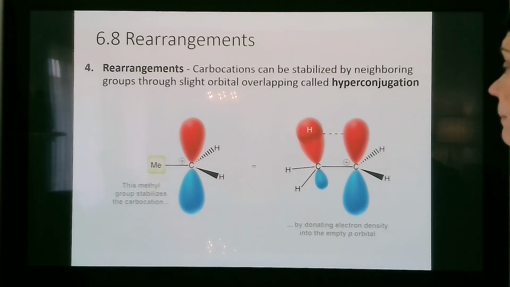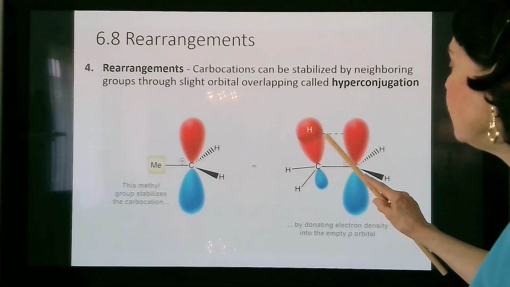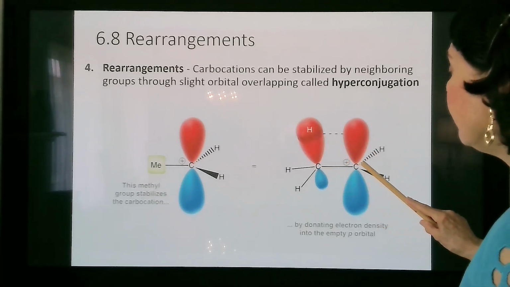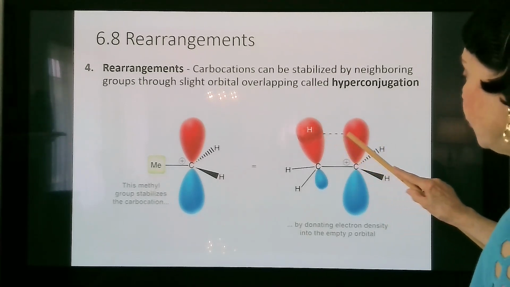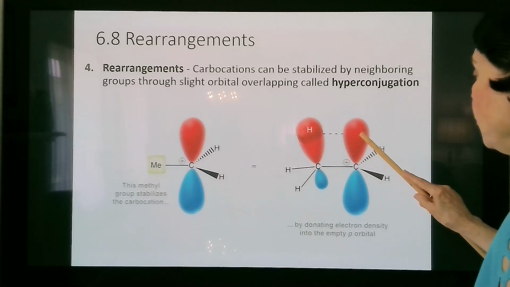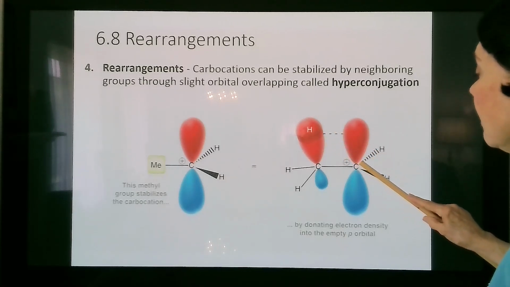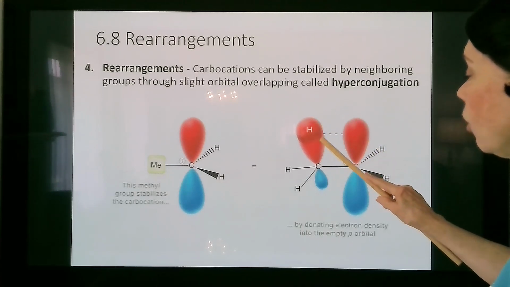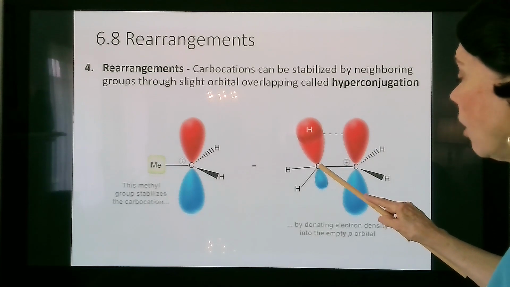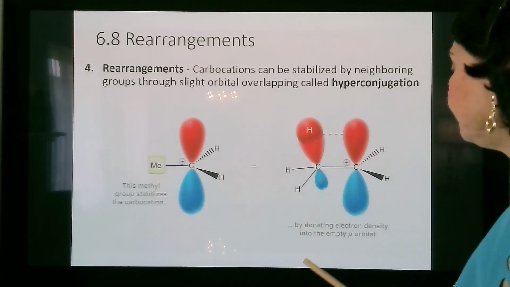And when that happens, some electron density in the CH bond can be donated into the empty p orbital. And so that's what is being shown here, some electron density being donated. It's a stabilizing effect. It stabilizes this C plus a little bit and spreads some of the positive charge out, because now this carbon will also bear some positive charge, and so will the proton.